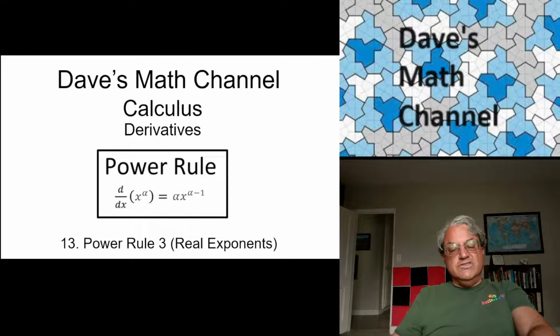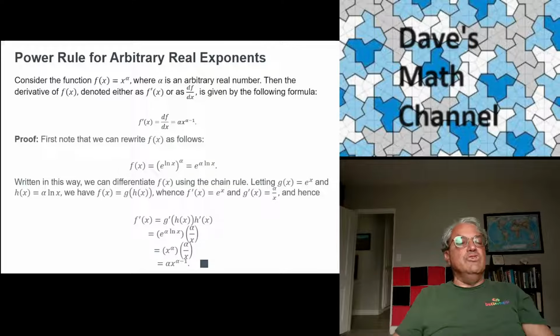So how do we prove this? Well, it's actually pretty simple given what we know already. So here's what we do. We're letting f of x be x to the alpha, where alpha is an arbitrary real number now. And what we want to first do is rewrite f of x.